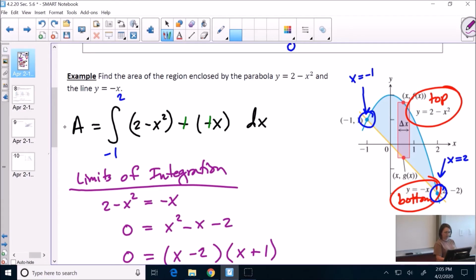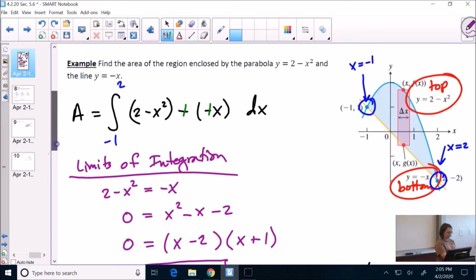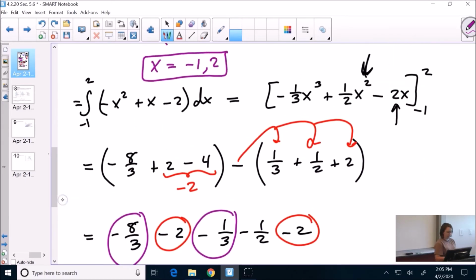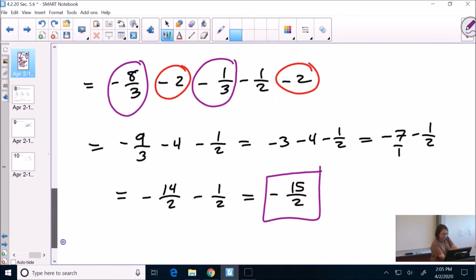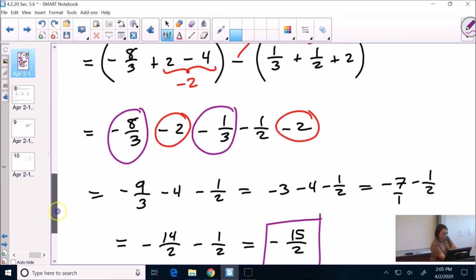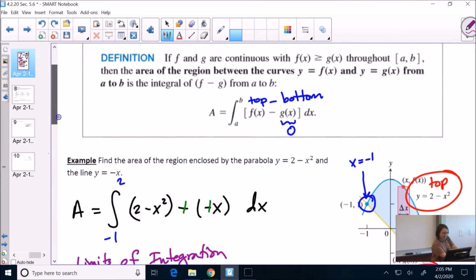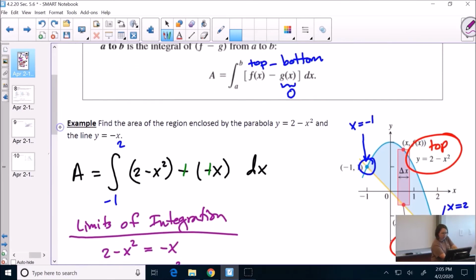I have the area negative. What happened? Top minus bottom.